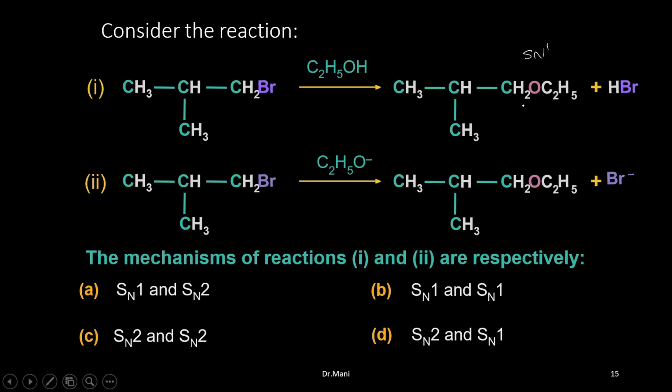I didn't tell you what the meaning of this hydride shift is. Should I tell now? So remember, if this happens with an SN1 reaction, there will be a hydride shift. I'll tell you that later, in the next class.